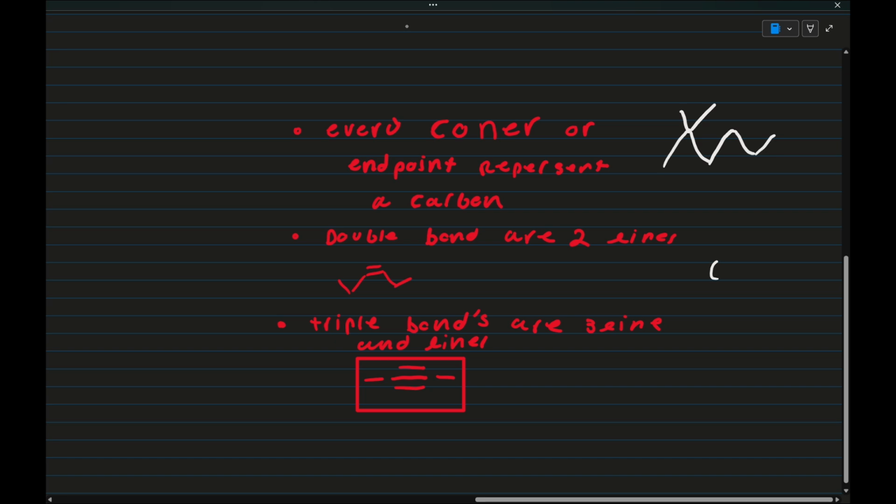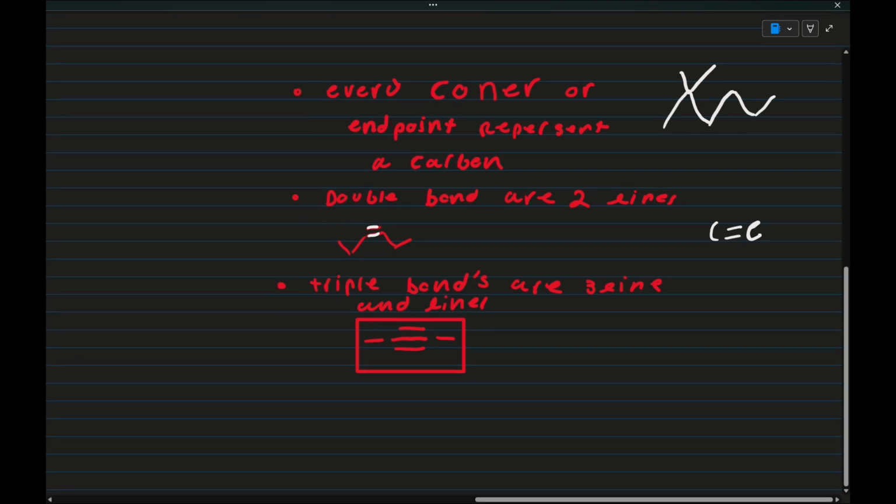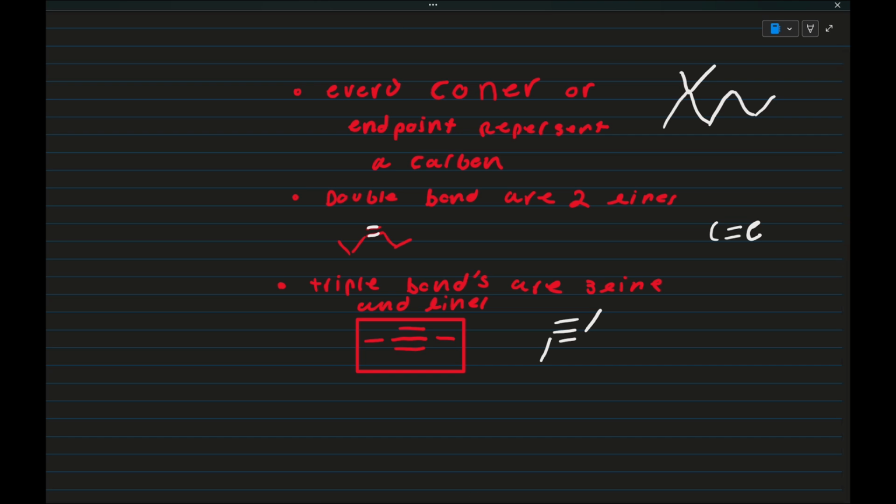So if we had a Lewis diagram like this, we must understand it would be like this. And triple bonds are represented by 3 lines and are always linear. This is wrong. You will not get points for this at all.